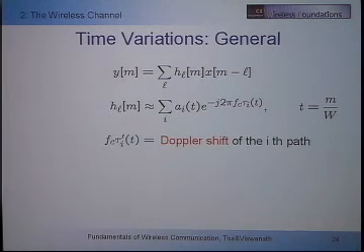First of all, the Doppler shift, if you look at this expression, is essentially proportional to the carrier frequency times the rate of change of the delay of the i-th path. In that example, that happens to be exactly v over c. So the Doppler shift corresponds to exactly the rate of change of this phase. As you move around, this thing is changing at a certain rate, and that rate is precisely the Doppler shift.